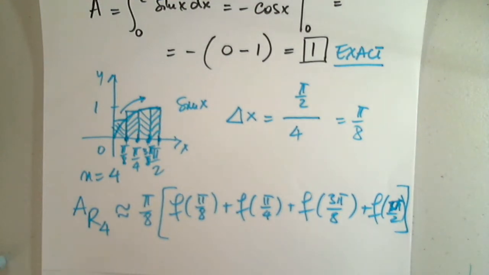So what will the calculator do? Multiply pi over 8 by sine of this and put it here. Multiply pi over 8 by sine of this and put it here. And so on and so forth. So you're still highlighting at the top, L2, pi over 8 in parentheses, sine list L1. Boom. What I want now is I want the calculator to sum these up.